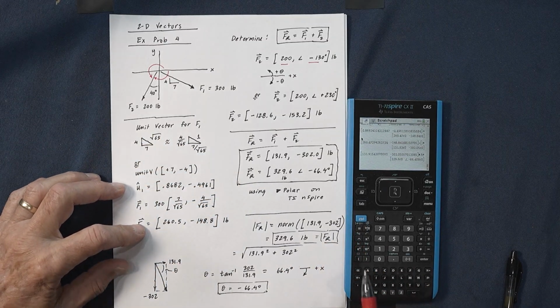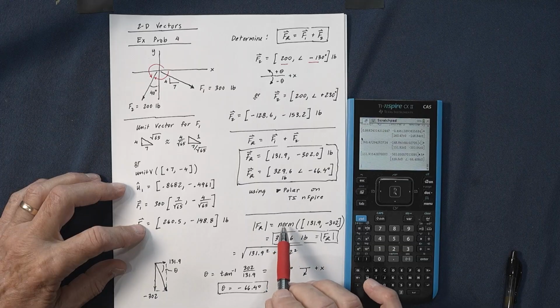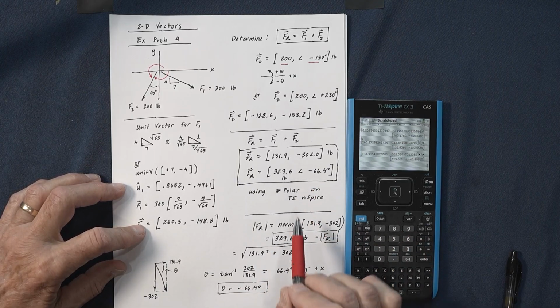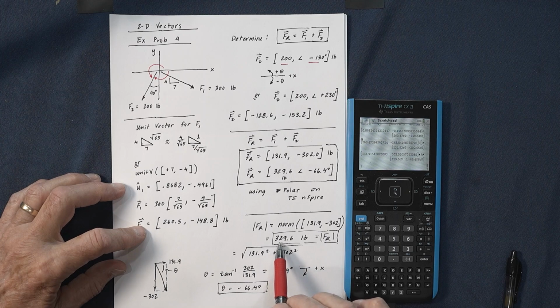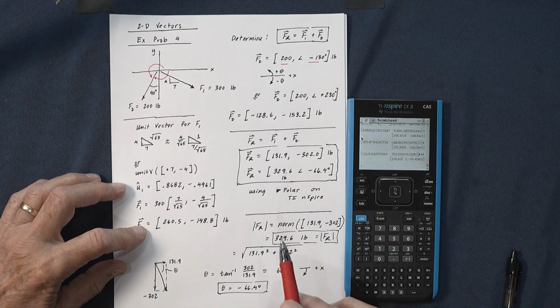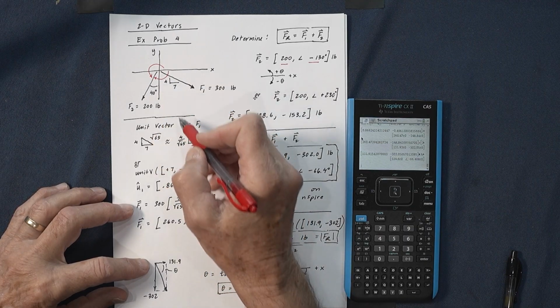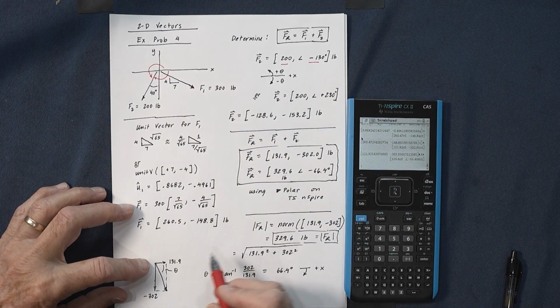If you're using a vanilla calculator, then you can use the norm function or the square root of the sum of the squares to get the magnitude, which is 329.6. And then to get the angle, I can draw this picture of the resultant down here. The x component is 131.9.